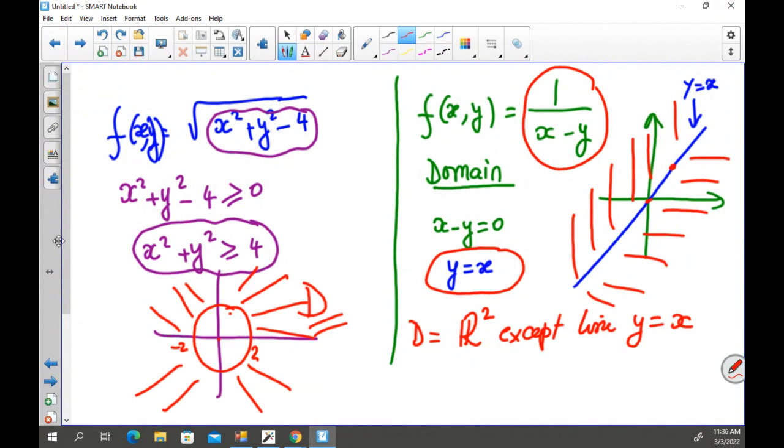Now, here, this function consists of two square roots. The first one is a bit like this example. So this top will be defined outside the circle of radius 3.